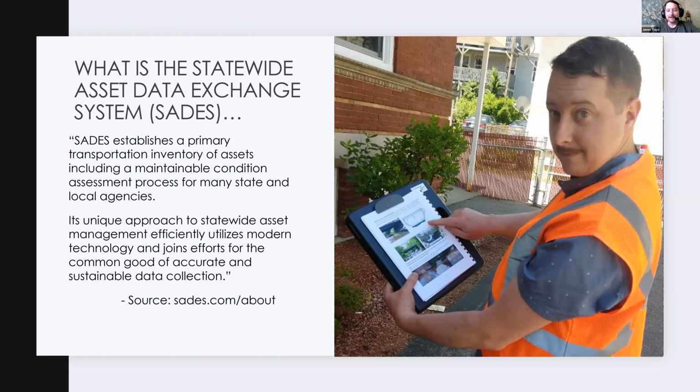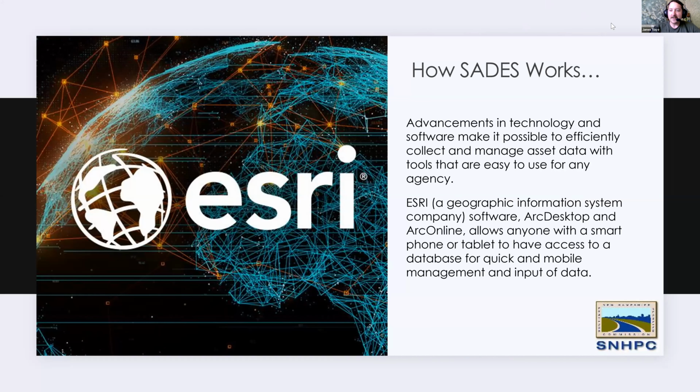So how SAIDS works. SAIDS is made possible through advancements in technology and software, especially through the use of new geographic information system tools such as Esri, which is a GIS company, and Esri has software called Arc Desktop and ArcGIS Online.